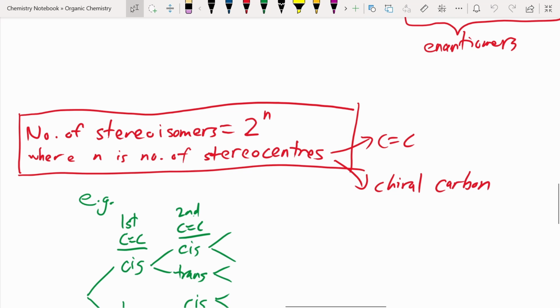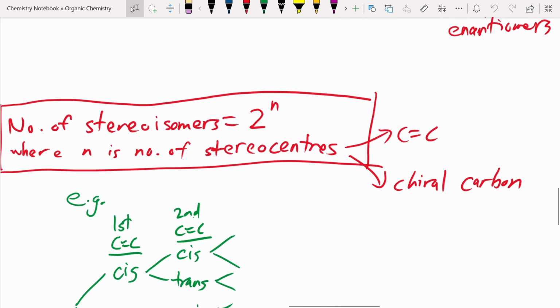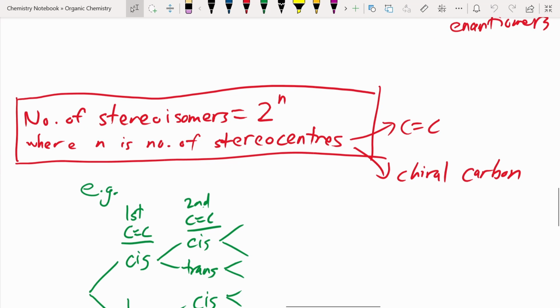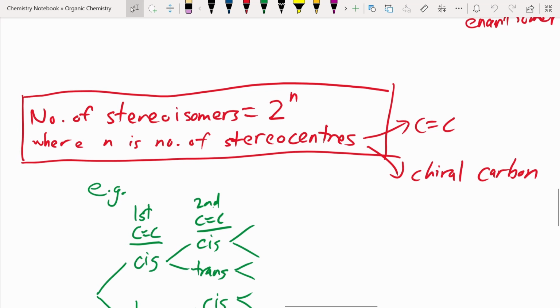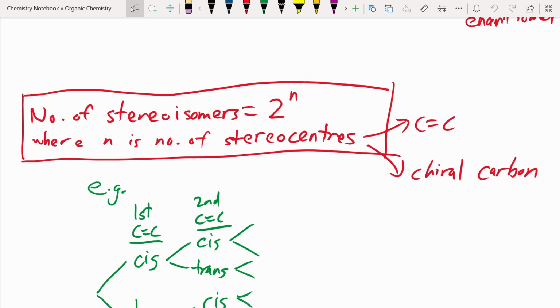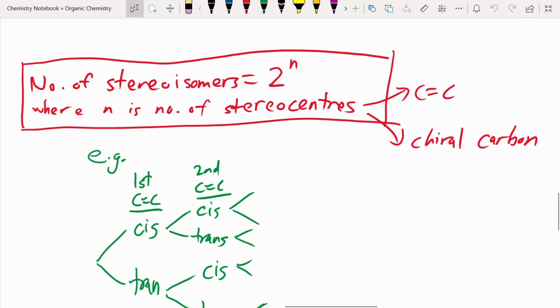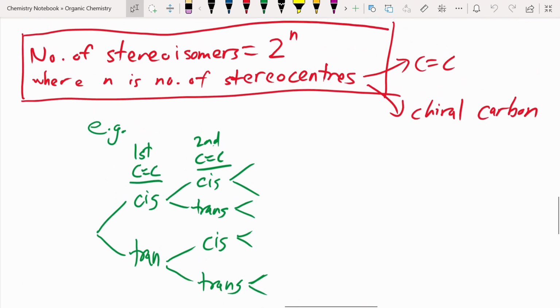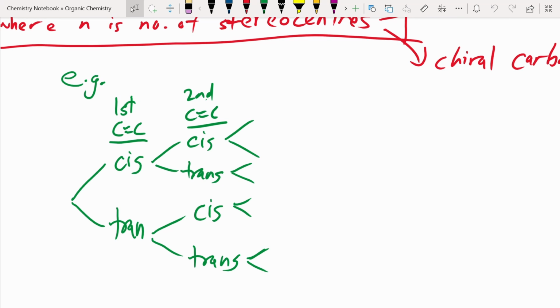Then next up, number of stereoisomers. This is the formula: it's just 2 to the power of n, whereby n is the number of stereocenters, whether it be C double bond C or chiral carbon. An example to illustrate this: imagine the first carbon double bond carbon, there's cis and trans.